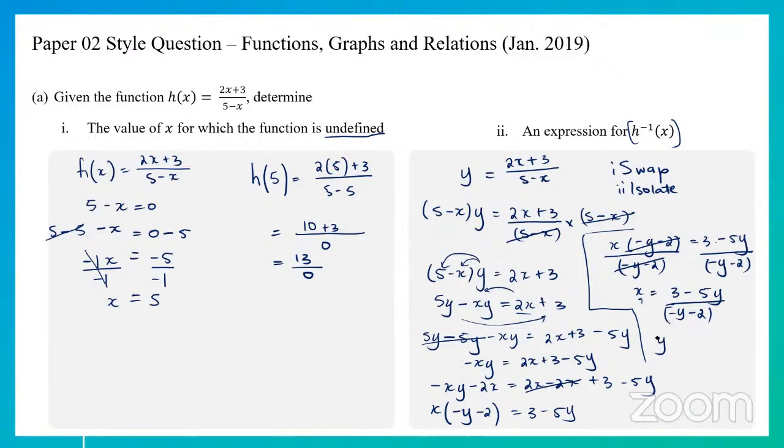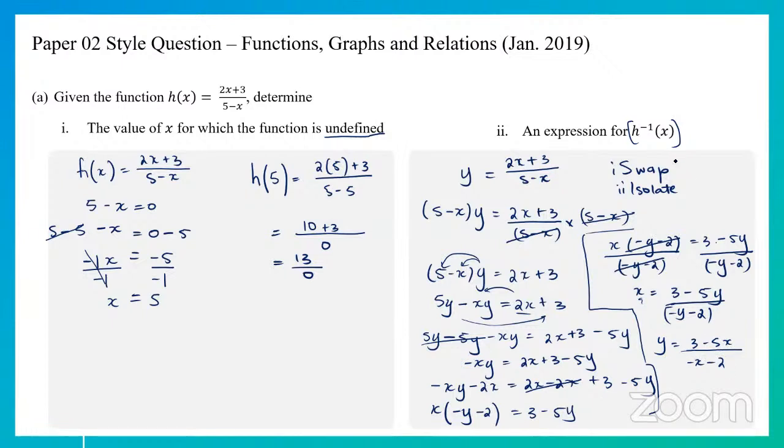So that is going to look like y equals 3 minus 5x over negative x minus 2. And that would be the result for that problem. So y equals 3 minus 5x over negative x minus 2.